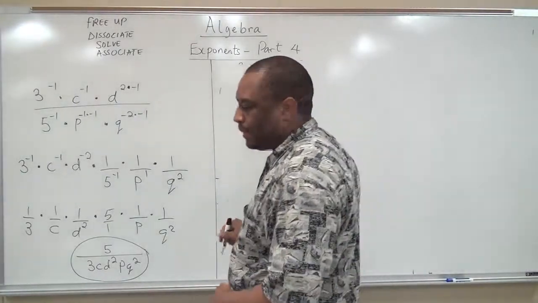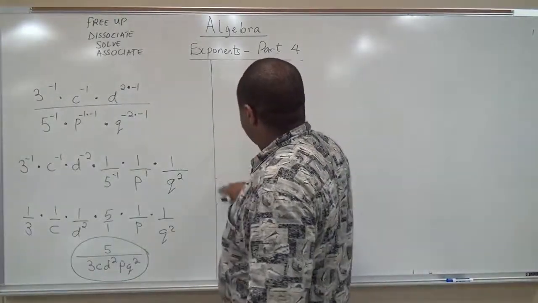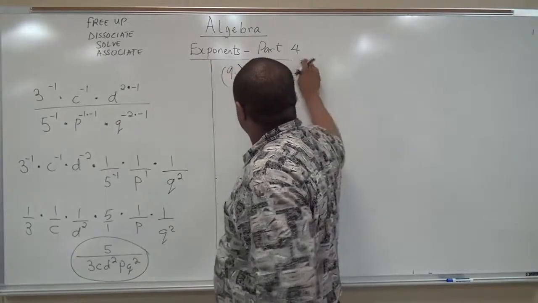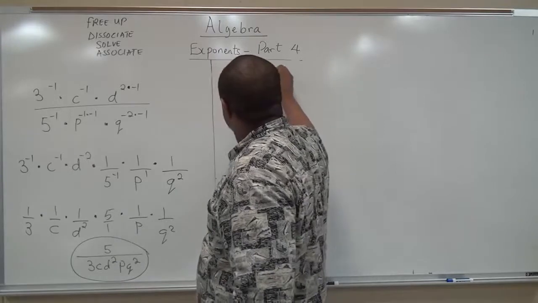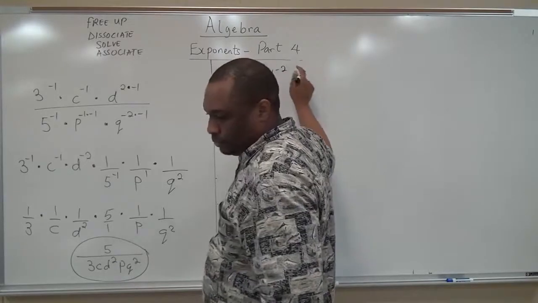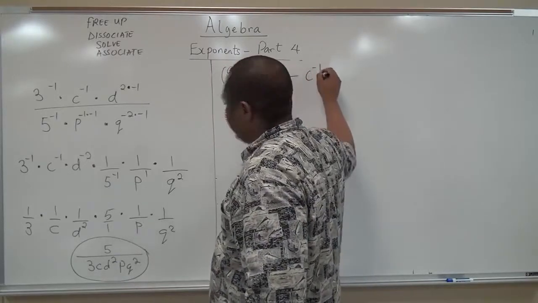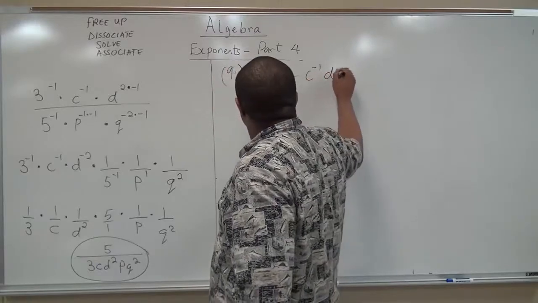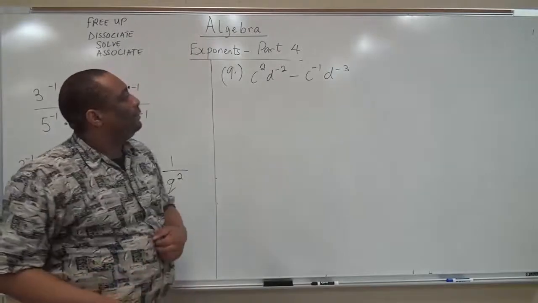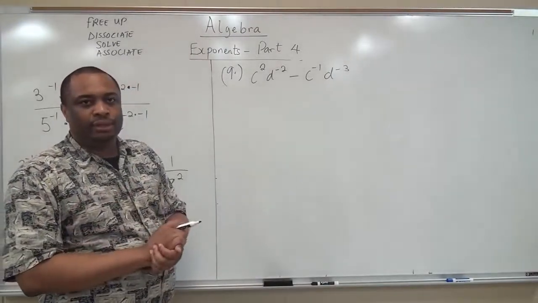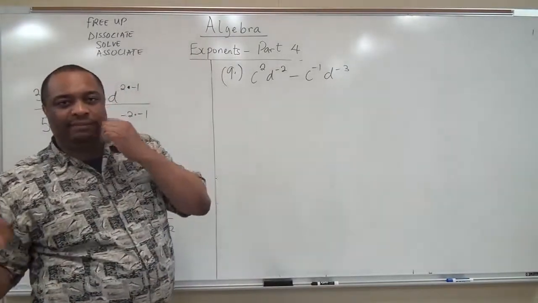Question 9. C squared d exponent negative 2 minus c exponent negative 1 d exponent negative 3. Alright, this is pretty straightforward. We want all positive exponents.